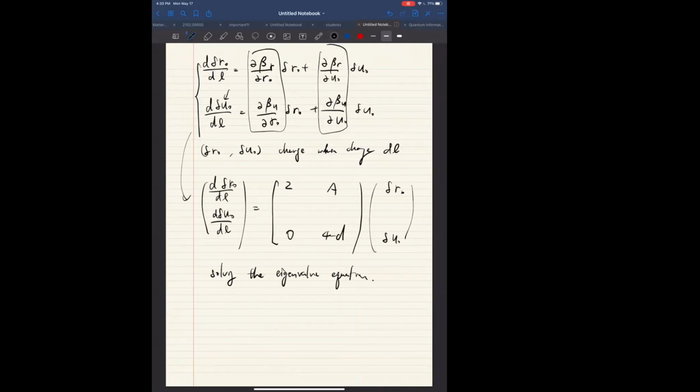What do we have here? Something interesting we can directly know is this term: two eigenvalues, which happen to be in the diagonal part, with values 2 and 4 minus d.